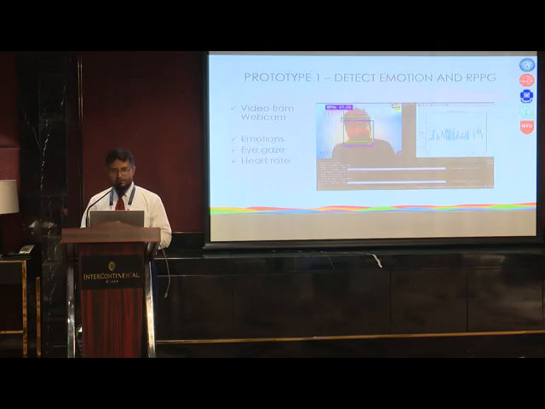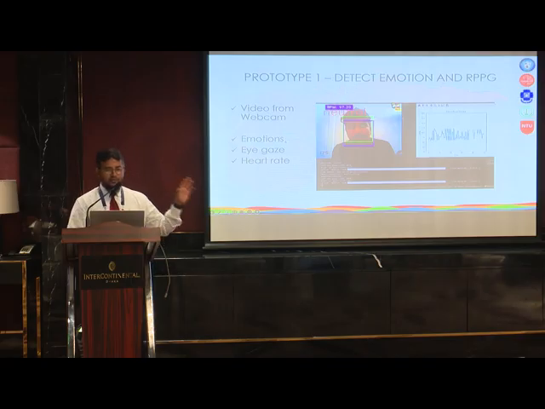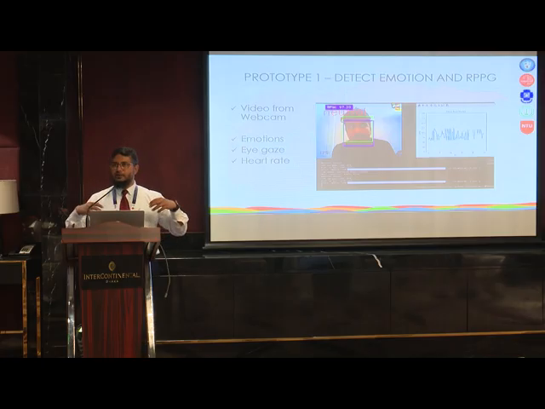Now here is the emotion and the heart rate estimation, which uses the rPPG signal. It tries to estimate mainly the blood flow. You know that whenever our heart pumps, a certain amount of blood flows to our face and all around our body. From this video we can detect the change of color of our face, and that can be used to estimate how often that color change is happening.